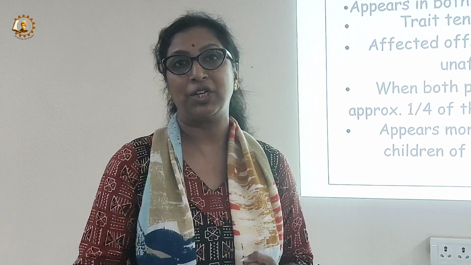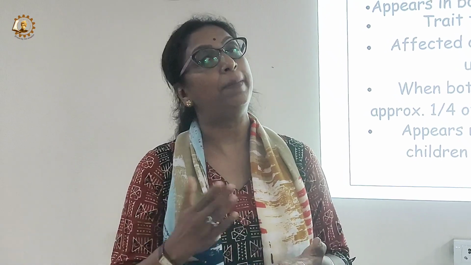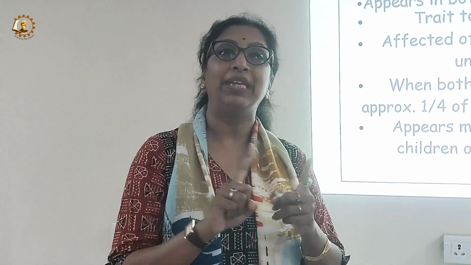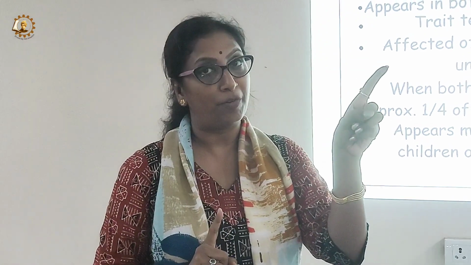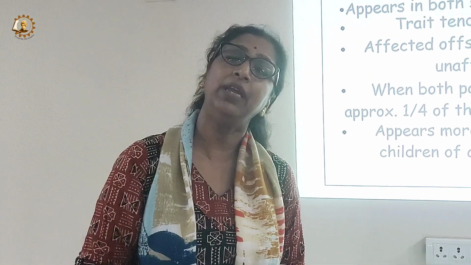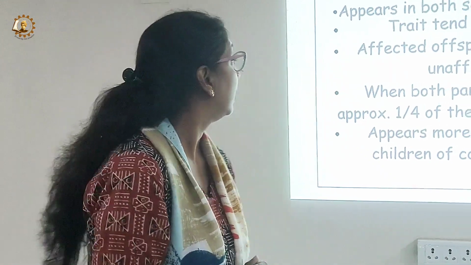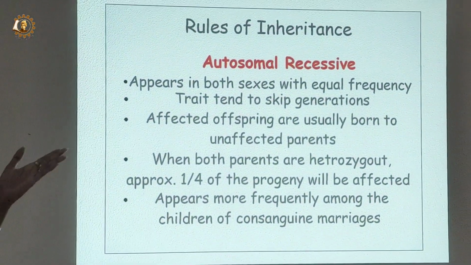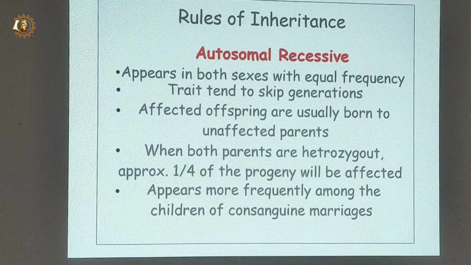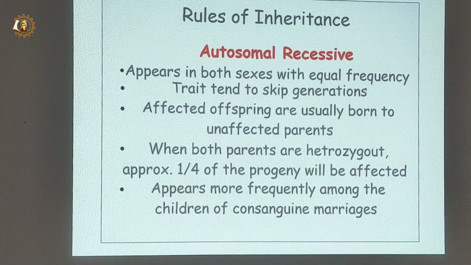When their son or daughter receives the recessive allele from both, one from the father and another from the mother, he or she will be the affected one. When both parents are heterozygous, approximately 1/4, or 25%, of the progeny will be affected.